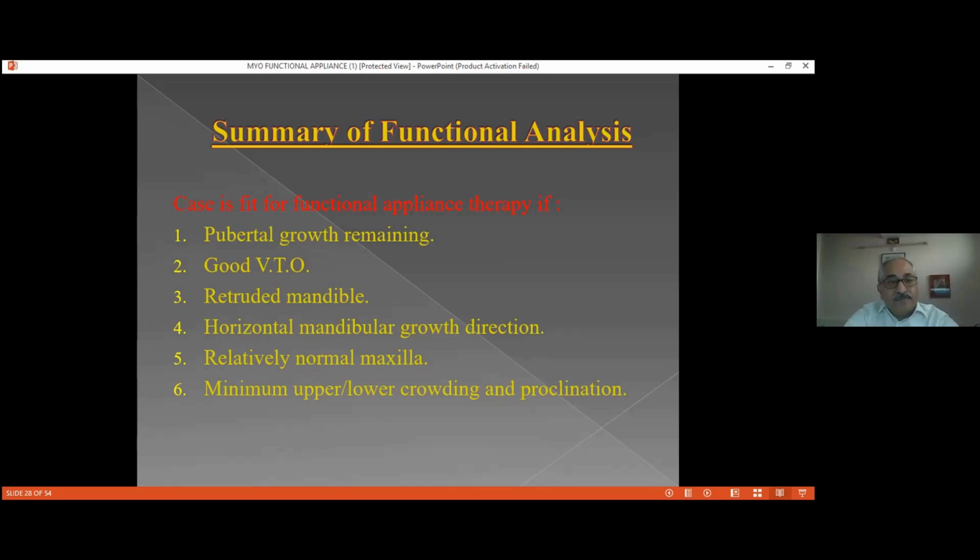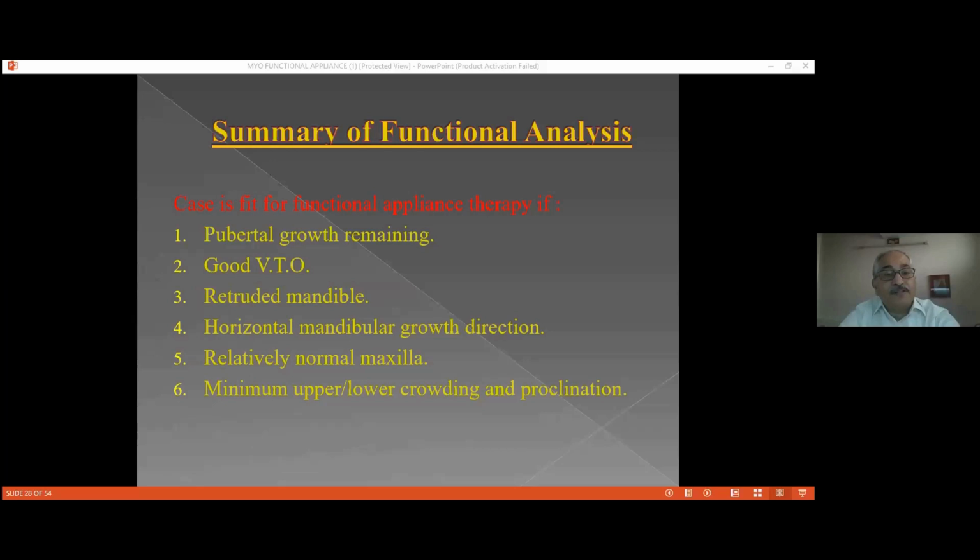Second thing, the growth should be in the pubertal phase, that is between 7 to 13 in females and 12 to 14, up to 15, in males.